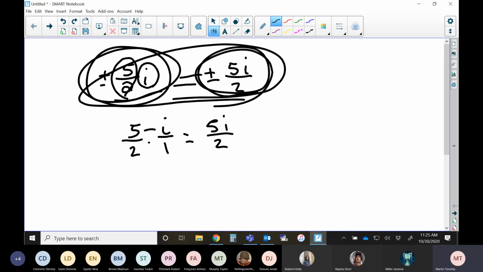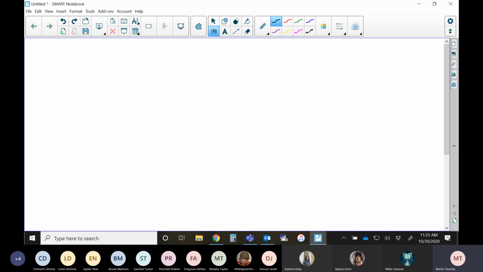Actually, sometimes multiple choice tests can be harder, because if you gave me this answer on a written test, I would have to say, yes, that's true. But if you look for this and the multiple choice is supposed to be this, and you don't know they're the same, you're going to have a hard time. And some of them aren't as easy to see. Like when I have 10 plus 5i over 3.